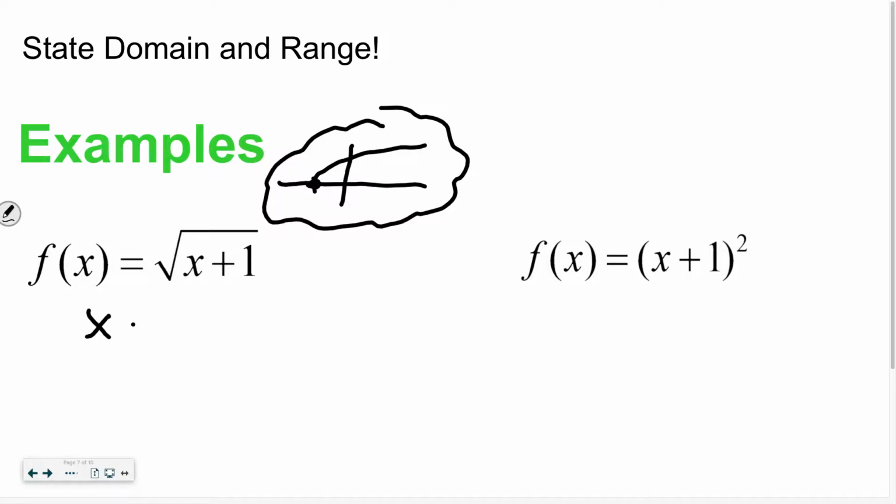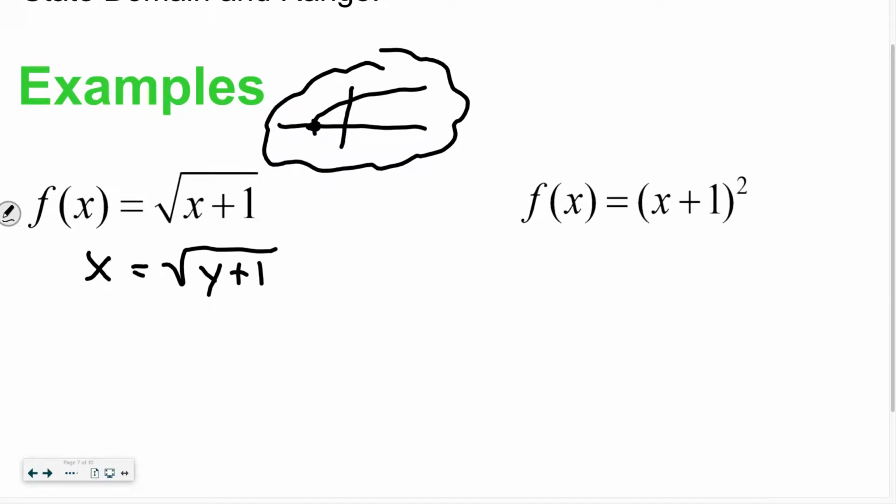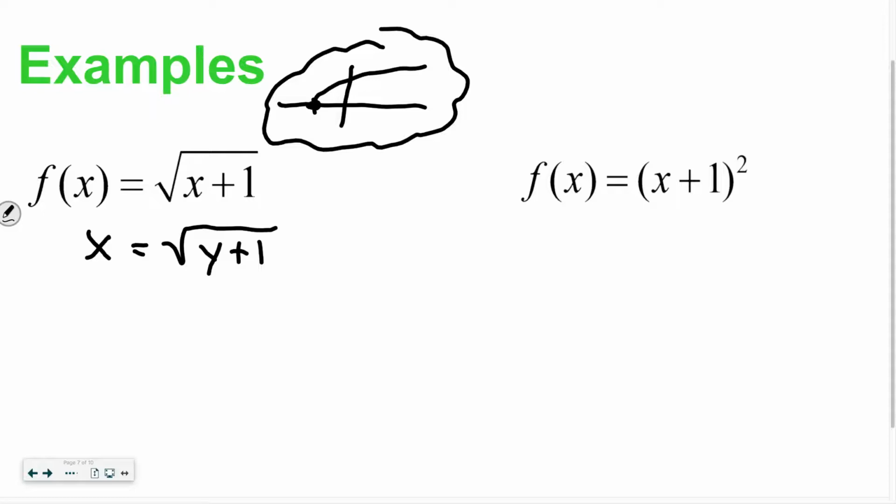x equals the square root of y plus 1. Solve for y. What should we do first? It is being square rooted, so we're going to do the opposite, which is square both sides. So I get x squared equals y plus 1. Then subtract 1 from both sides.